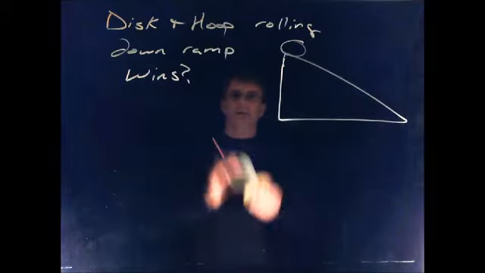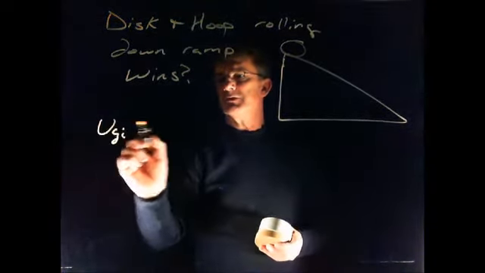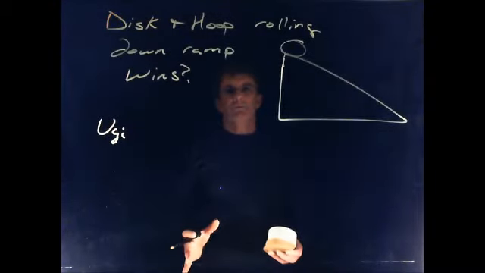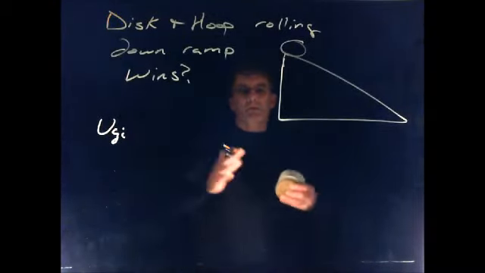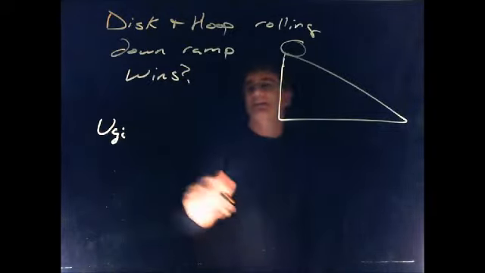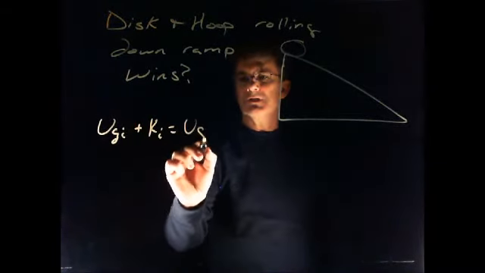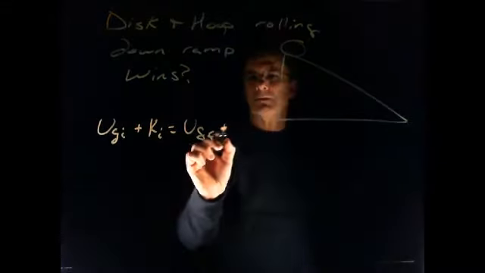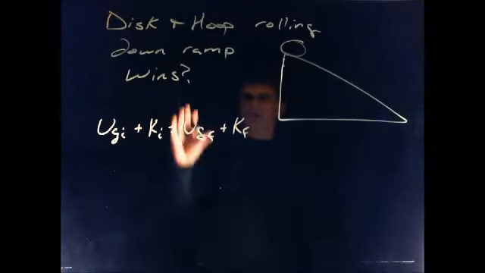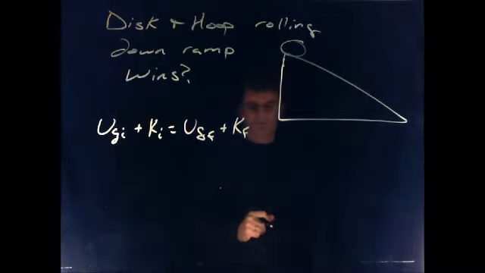Since they're the same mass at the beginning, they have the same gravitational potential energy. And this is a conservation of mechanical energy problem. So I set up my conservation of mechanical energy expression. At the beginning, they have the same mass, they have the same gravitational potential.